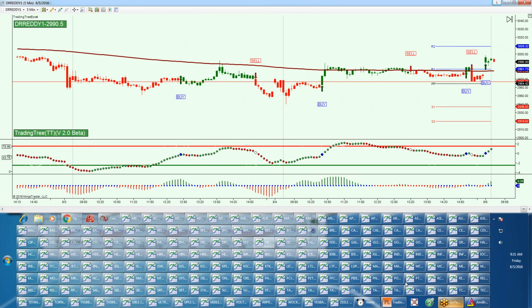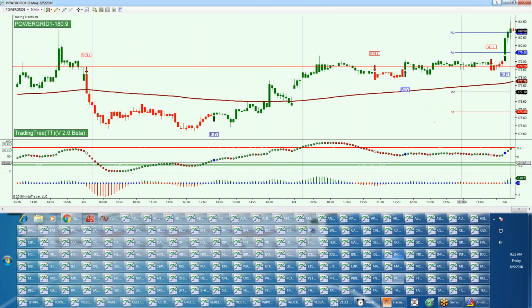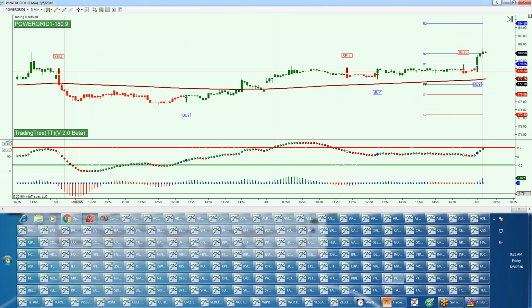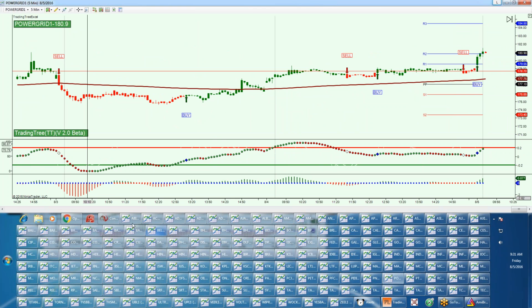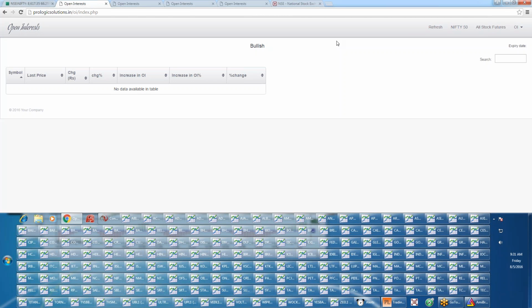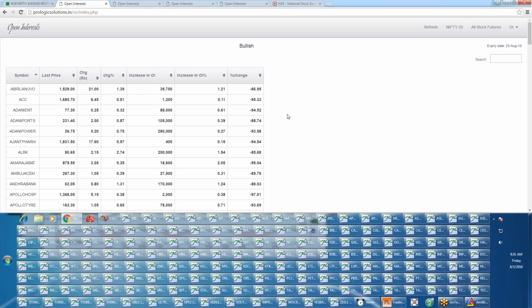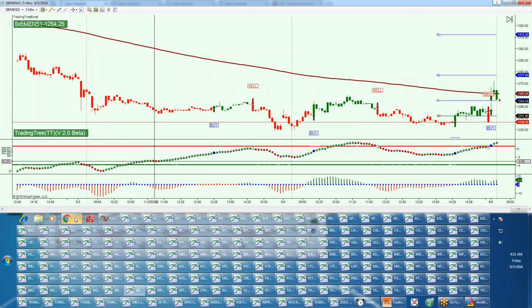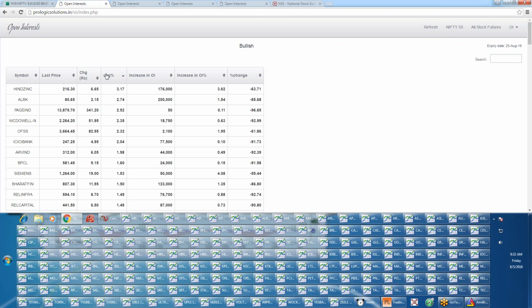So that's power grid. So here comes our bullish scripts. The highest open interest is in Siemens. So that is Siemens. And let's see the percentage change.